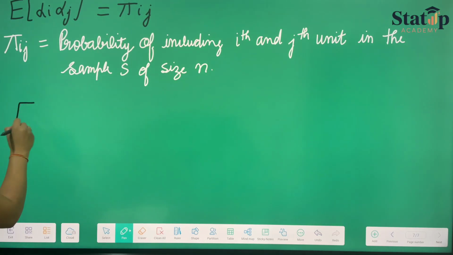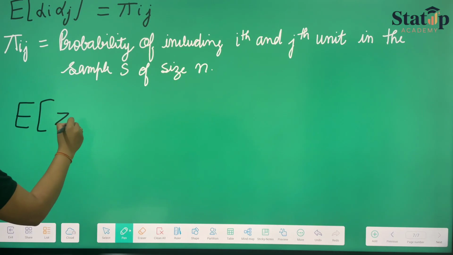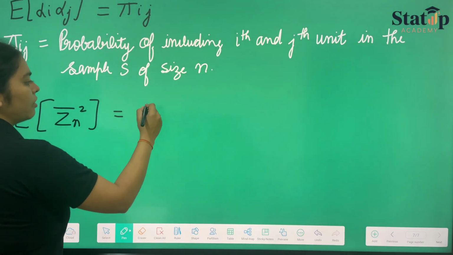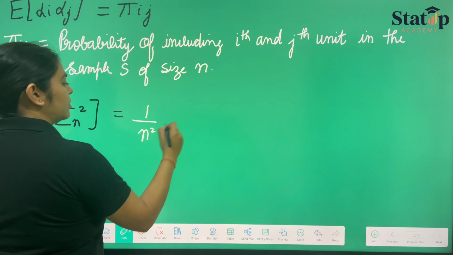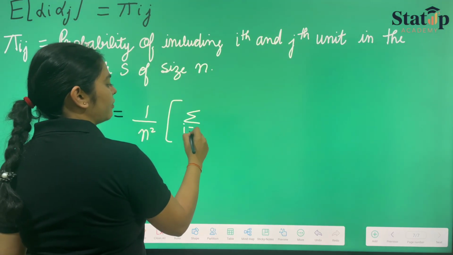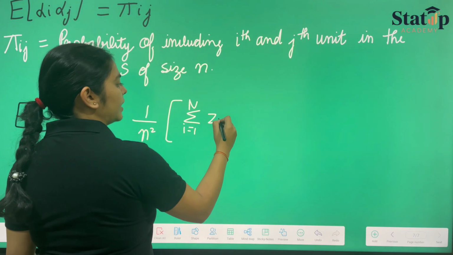Now we were calculating the expectation of z bar n square, which was nothing but 1 upon n square bracket summation i goes from 1 to n zi square.